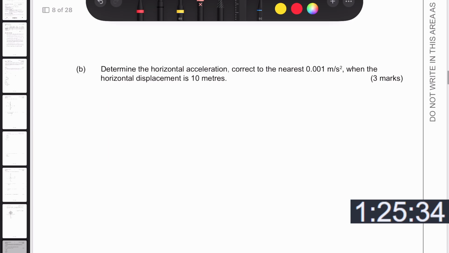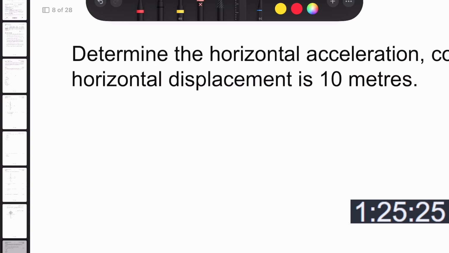Determine the horizontal acceleration when the horizontal displacement is 10 meters. So acceleration a(t) is going to be equal to negative n squared times x(t).